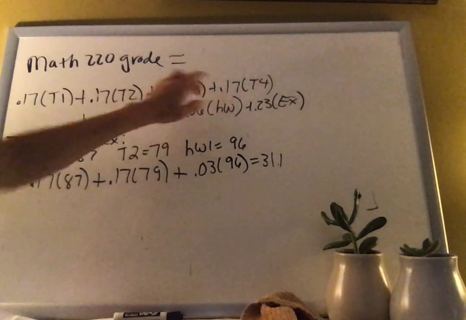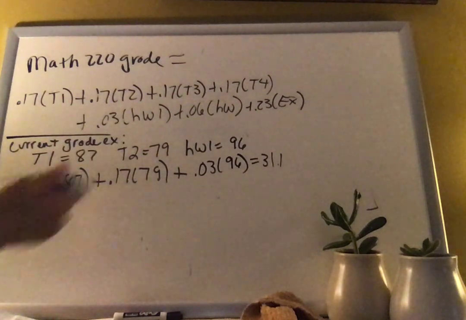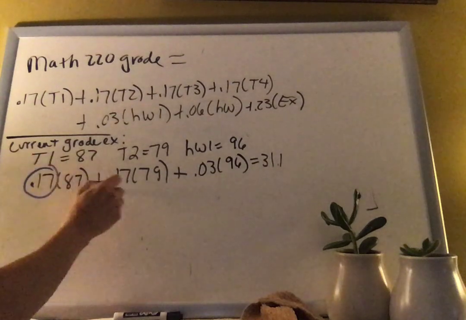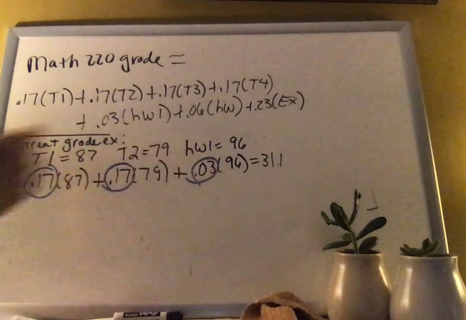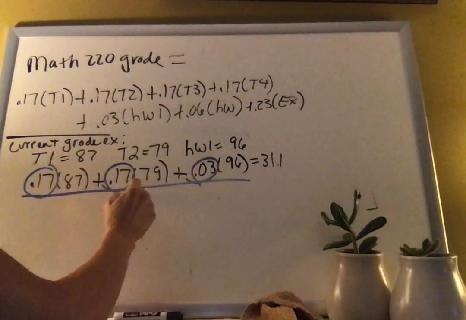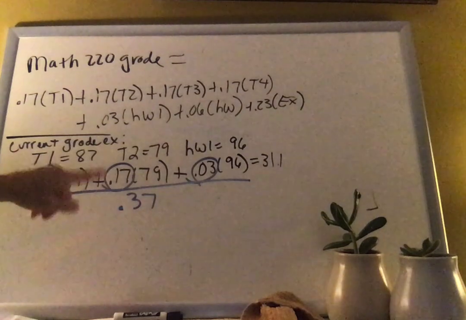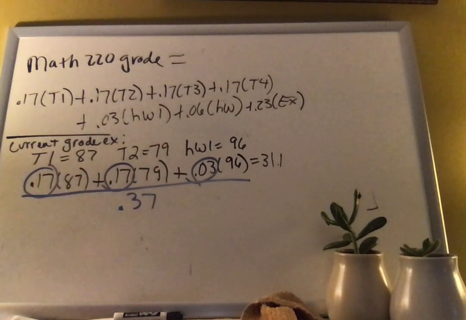All of these add up to 1, so I just decided not to show you dividing by 1, right? But here, this plus this plus that actually adds up to 0.37. So you haven't finished my whole class. You have only finished 37% of my class from a grading standpoint.